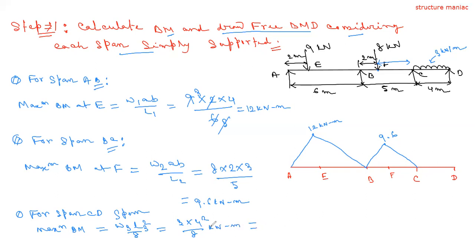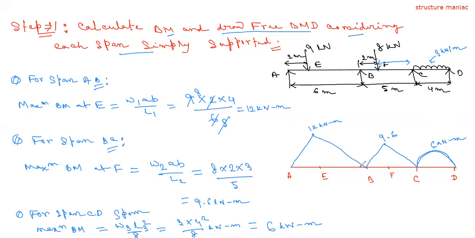If you calculate it, that is 6 kilonewton meter. That will be a parabolic line because it's a UDL, and these things have already been cleared in the last video lectures. So this value is 6 kilonewton meter.